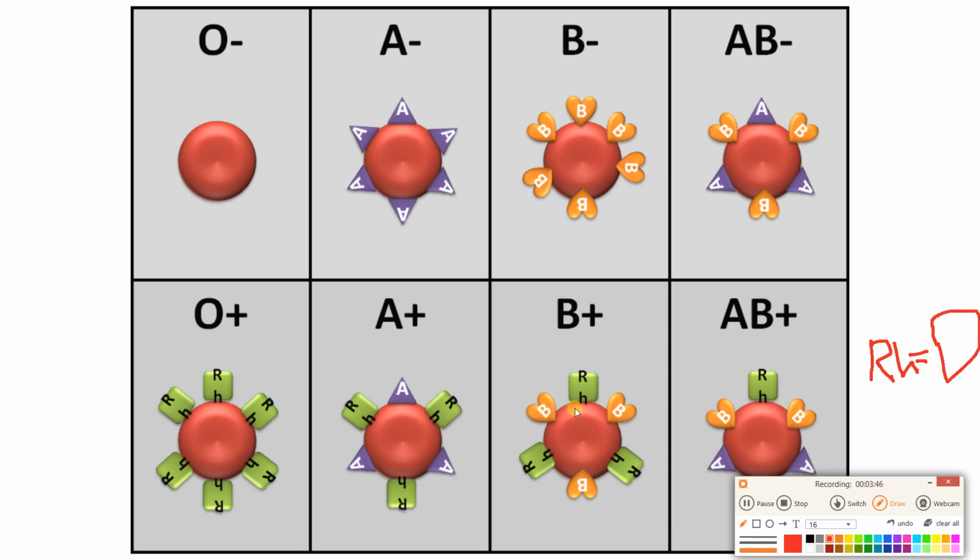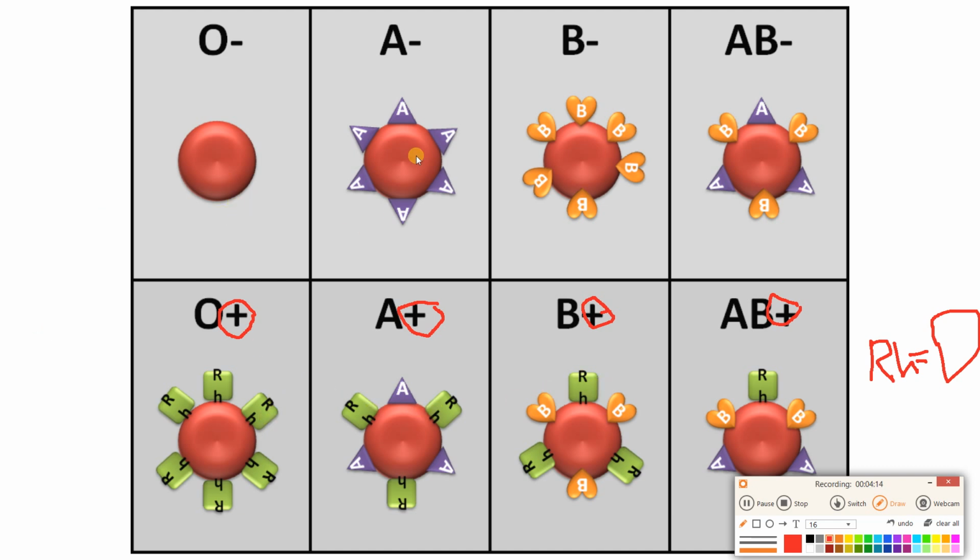So all my guys on the bottom get a plus sign. So if you have the RH antigen, the D antigen, on your red blood cells, your blood type gets a plus. So I told you a moment ago that I was positive. So that means my red blood cells have this RH antigen on them.